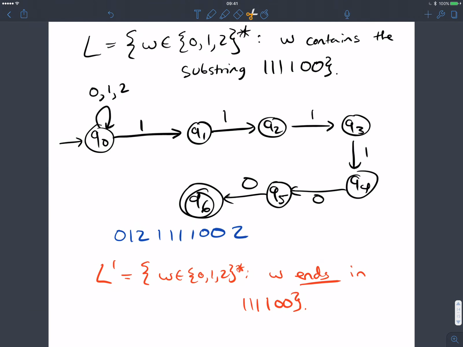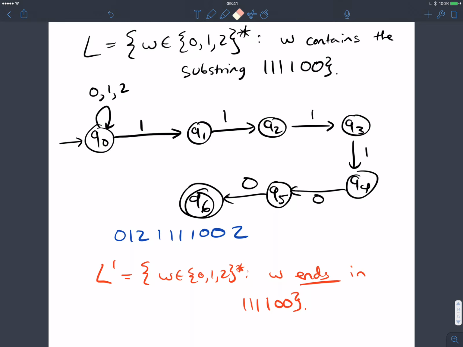Yeah, so the language I had before was I had self loops on Q6. And what I did was I axed those 3 self loops. And we noted that that language now is L prime, which is W ends in that string.